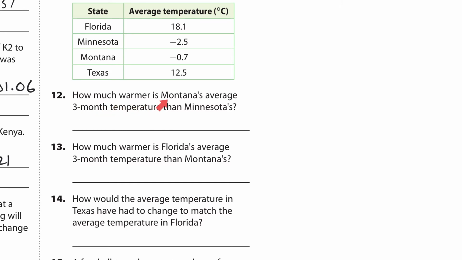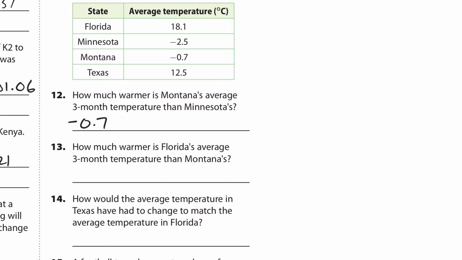How much warmer is Montana's average 3-month temperature than Minnesota's? So we got Montana's here. That's negative 0.7, so I'm going to write that down, negative 0.7. And how much warmer is that than Minnesota's?